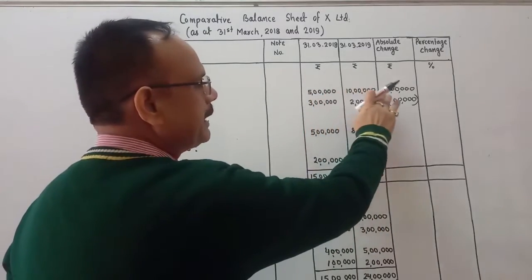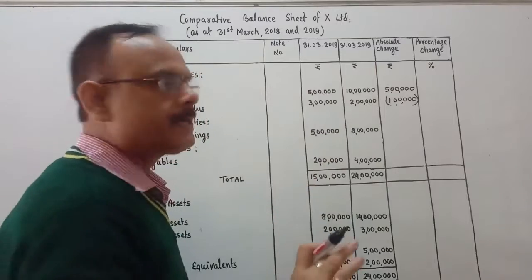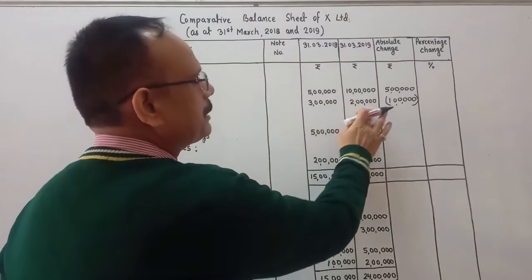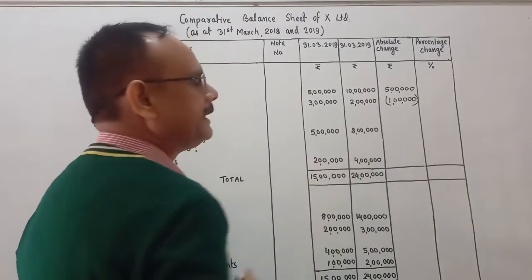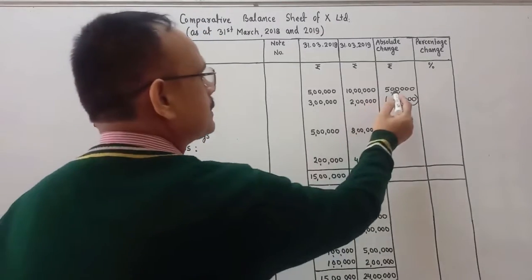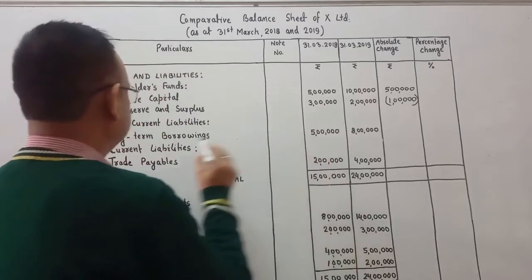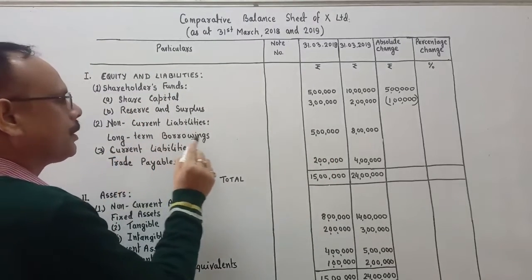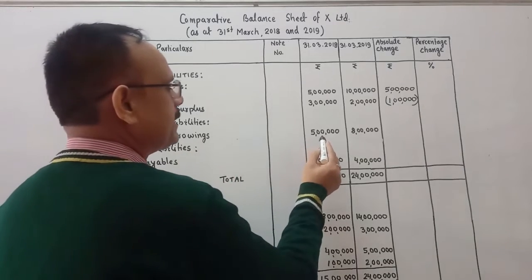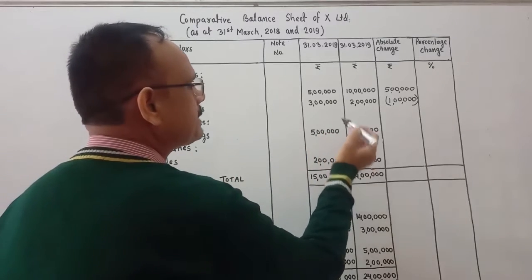If the figure increases, it will be shown without bracket. If the figure decreases, then it will be shown within bracket. It's a decrease and this is an increase. Now here, in non-current liabilities, long-term borrowings is 5 lakhs in 2018 and in 2019 it is 8 lakhs.